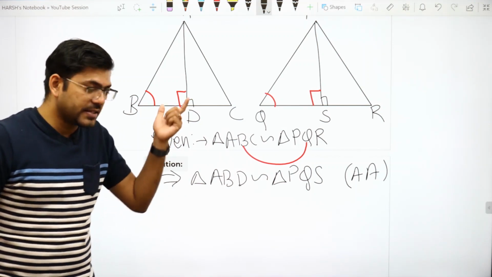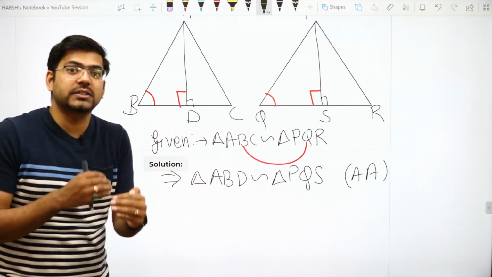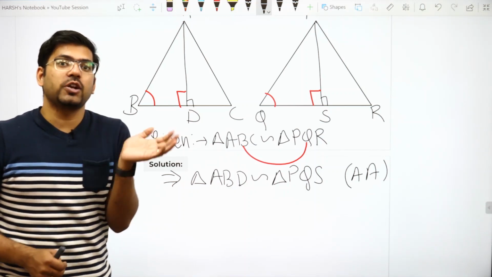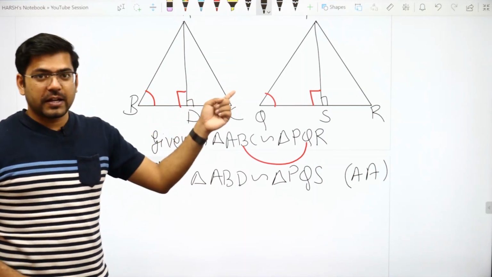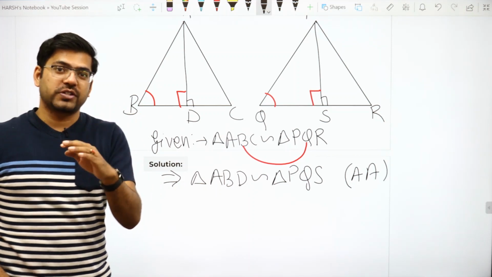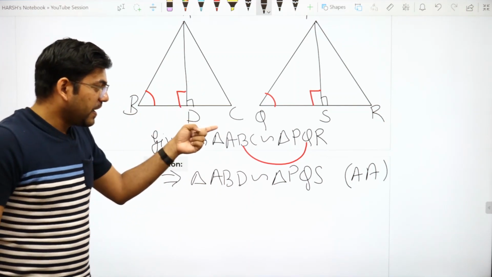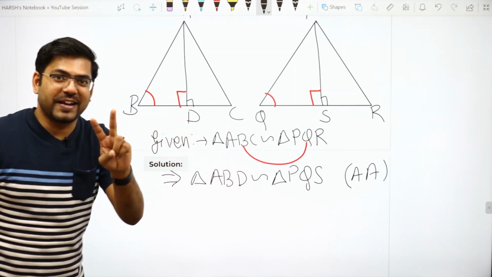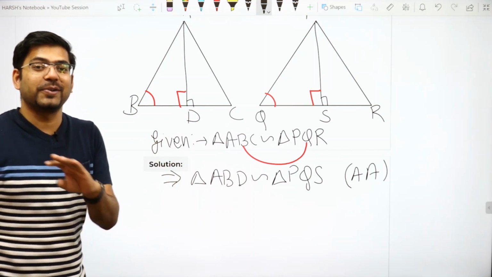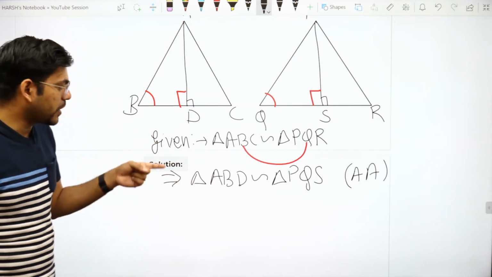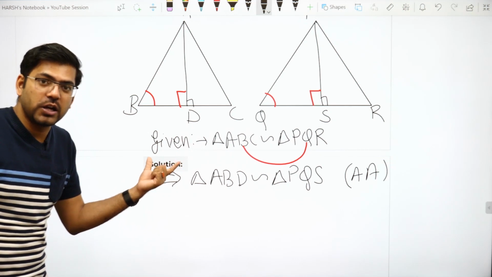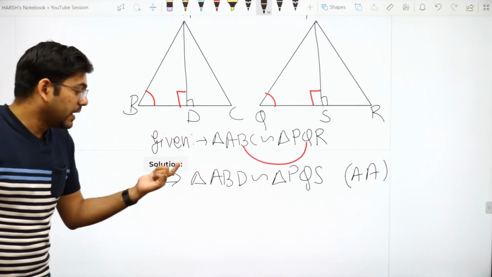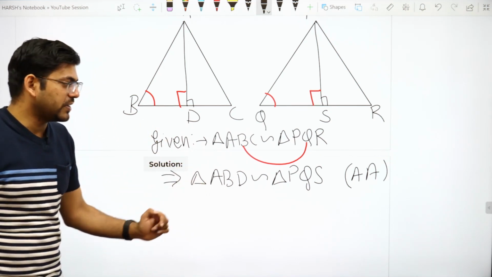Let me tell you, because this is a proof question, marks count the steps. In other numerical questions, you will be getting the answer in 3 steps or 4 steps. That is completely fine. But here I can prove it in 2 to 3 steps, but you will get no marks. So don't forget to write those steps: given, to prove, construction, thereafter proof. Okay, so write these steps.